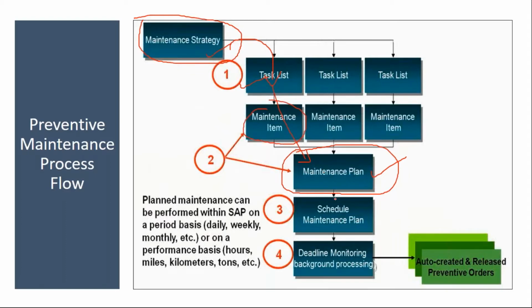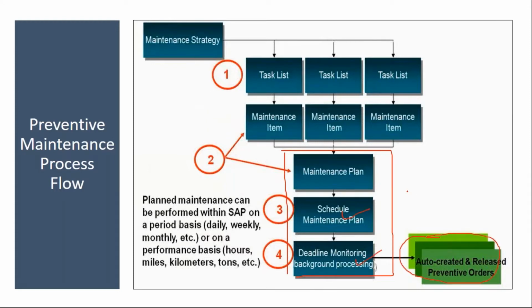And we will schedule this maintenance plan. When we schedule this maintenance plan, after that, when we run the deadline monitoring, system will automatically generate the preventive maintenance order. So today we will be covering this portion. We will be creating the maintenance plan and scheduling it, run the deadline monitoring program, and it will generate the orders.